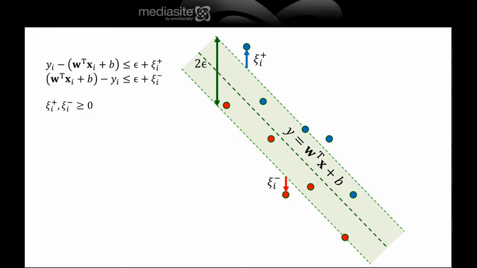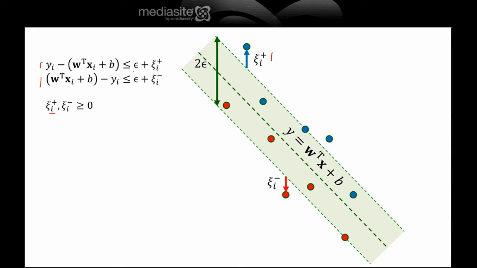And so our constraints were, for the blue points which lay above the tolerance zone, yi minus w transpose xi plus b was less than or equal to epsilon plus zi plus. And for points that lay below the hyperplane, we had this as the constraints. And so the zi plus and the zi minuses were our errors, which were also primal variables.